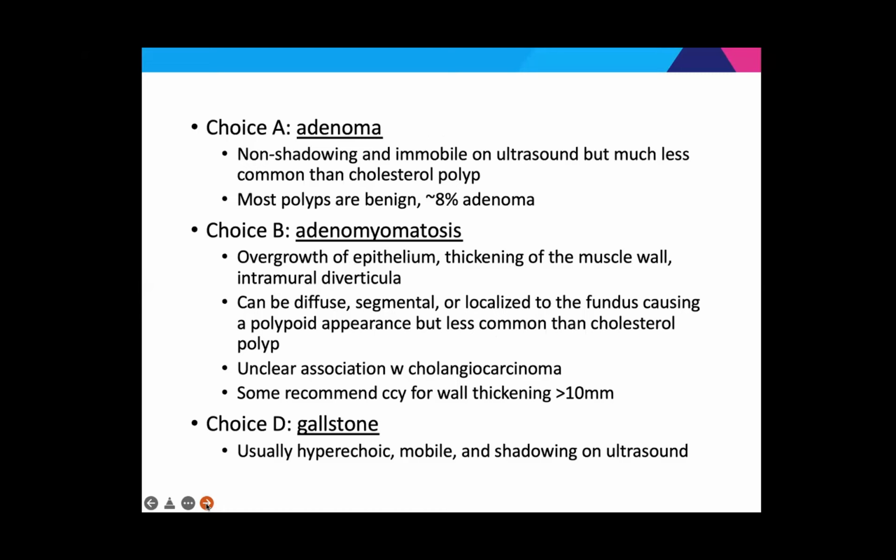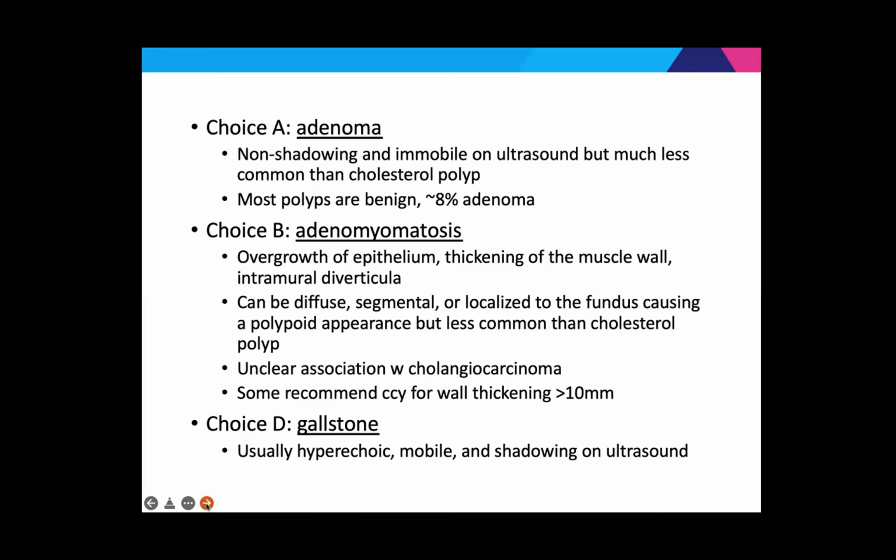Now, adenomas, just like polyps, are non-shadowing and not mobile on ultrasound. But as mentioned before, cholesterol polyps are the most common type. Adenomas are rare. Adenomyomatosis is a condition where the muscle layer of the gallbladder wall is thickened. This can be diffuse thickening or localized thickening, making it look polypoid.